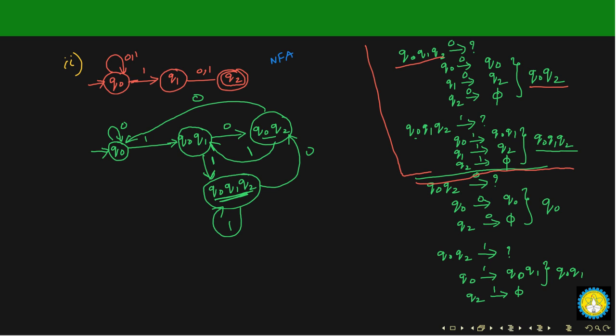Q0 Q2 is going to be marked as a final state, and similarly Q0 Q1 Q2 is also going to be marked as a final state. So I have to double circle these. So these are the final states. That's it. We have completed it.